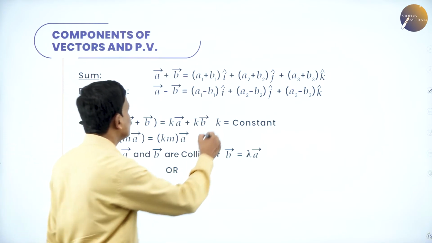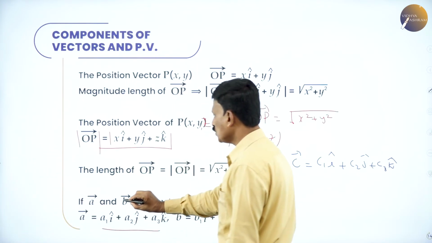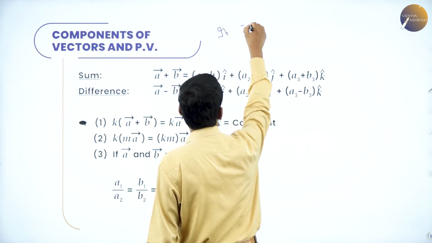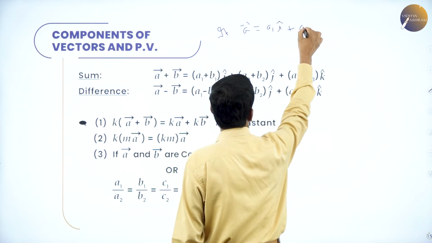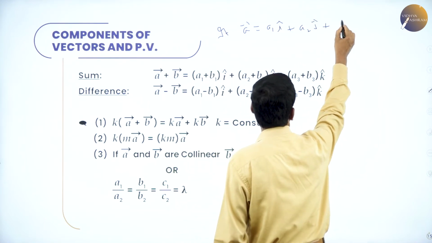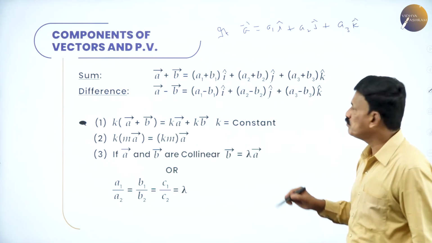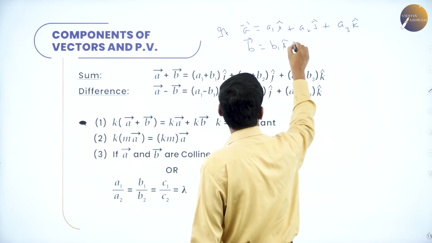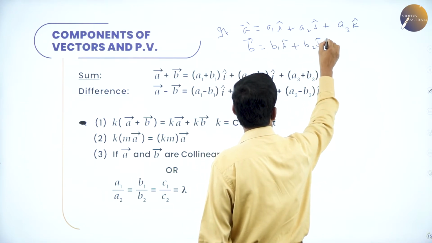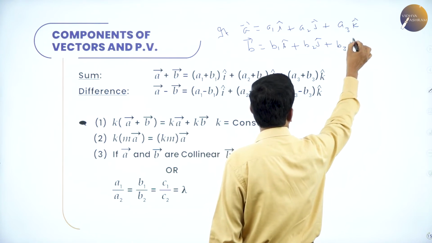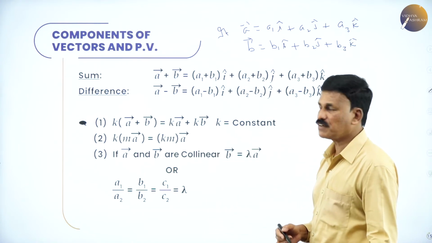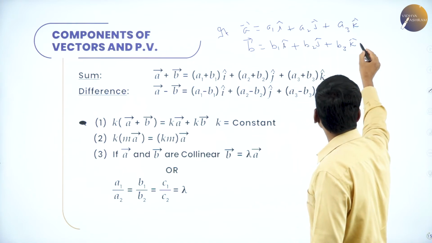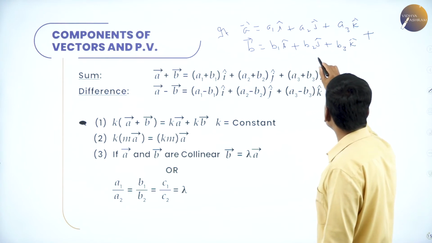That is what I will explain in this line. If A and B are any two vectors, with A equal to a1i plus a2j plus a3k, and vector B equal to b1i plus b2j plus b3k, then the sum, the addition of the two vectors A plus B, is given by adding a1i plus a2j plus a3k plus b1i plus b2j plus b3k.